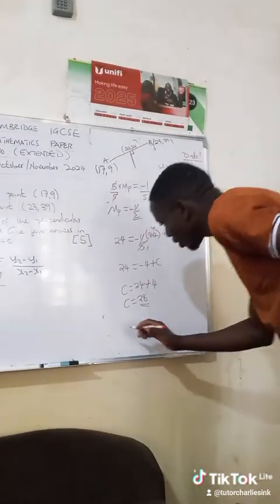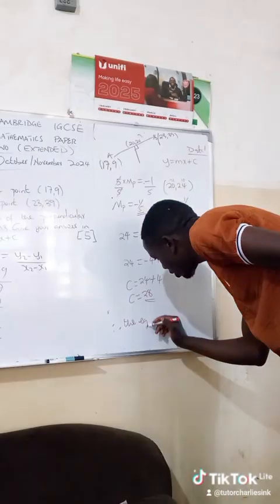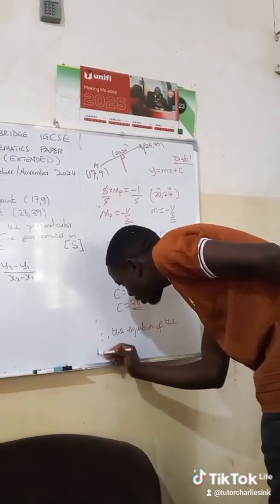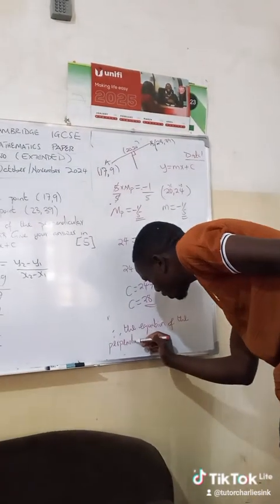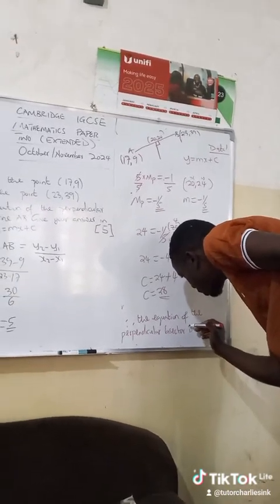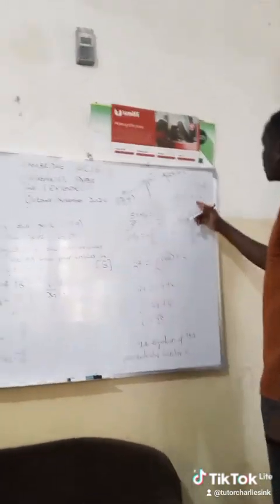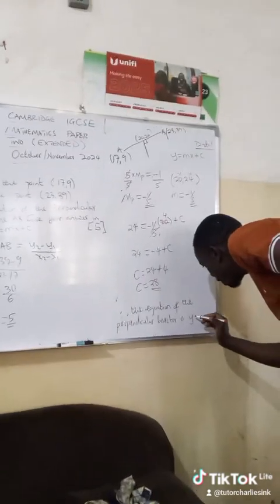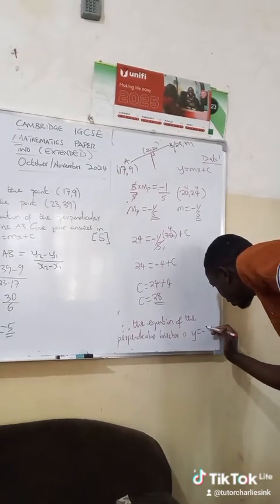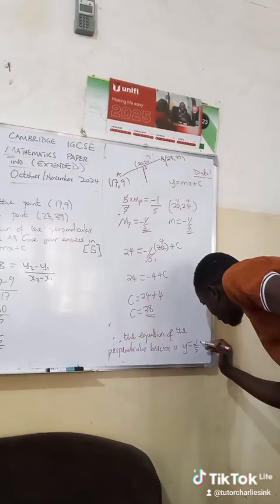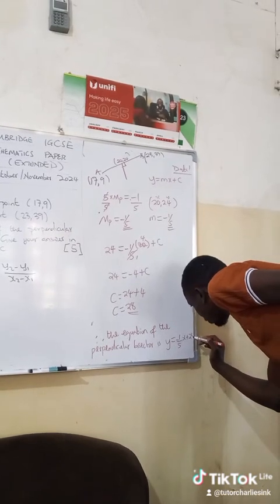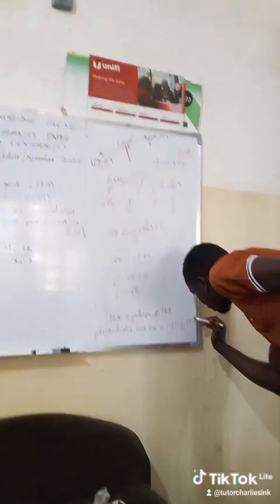So that's my constant. Therefore, the equation of the perpendicular bisector: now I'll just replace the value of the gradient and the value of c. y and x will remain, so it becomes y is equal to my gradient of the perpendicular bisector, negative 1 over 5, then x, then the value of c is positive 28, so plus 28.